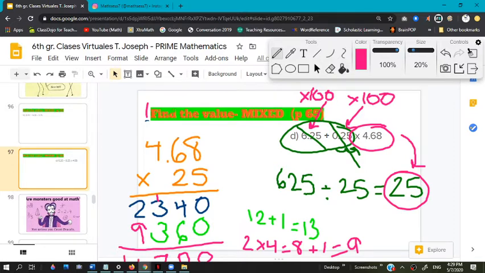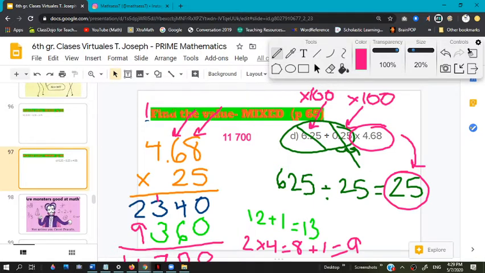So our final answer is going to be 11700. Now, we forgot to do something very important, which is we need to count the numbers to the right of the decimal place.